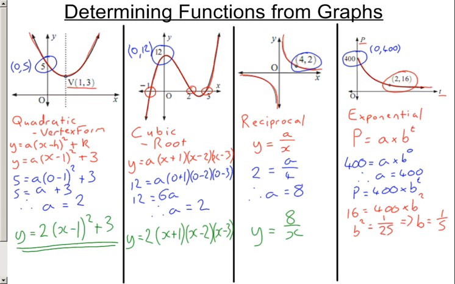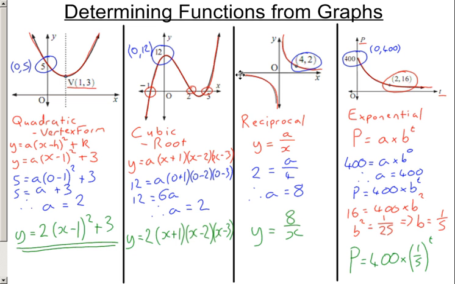So now we've found the values of a and b, so we can write out our final function. p equals 400 times (1 over 5) to the power of t. There are different ways to write that final one. For example, we could have written 400 times 5 to the minus t, or 400 over 5 to the t. They're all the same thing, but that's absolutely correct.